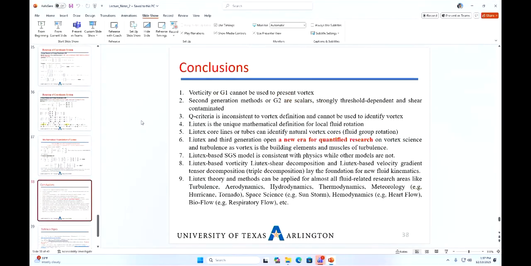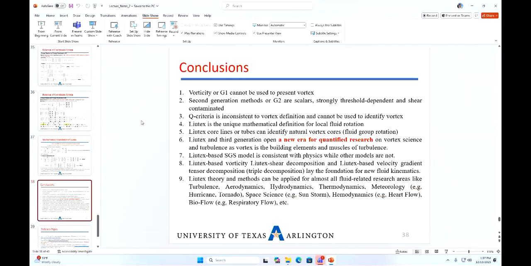Well, that's the conclusion. I need to go quickly, I have another topic to talk about. So the conclusions here: G1 vorticity cannot, it is removed from our candidates. G2 cannot. Q also has more problems, it is not consistent with delta.